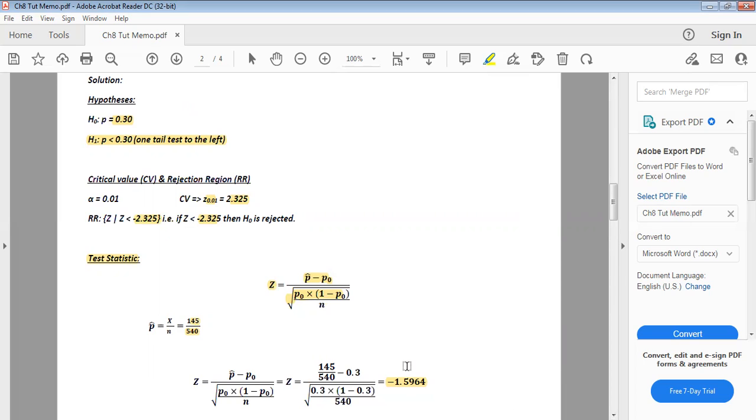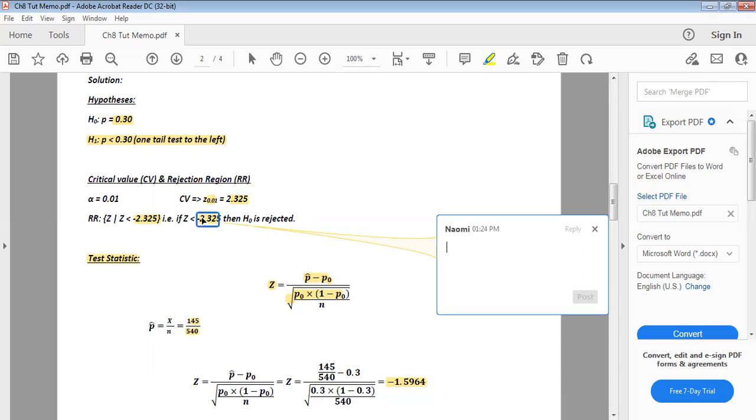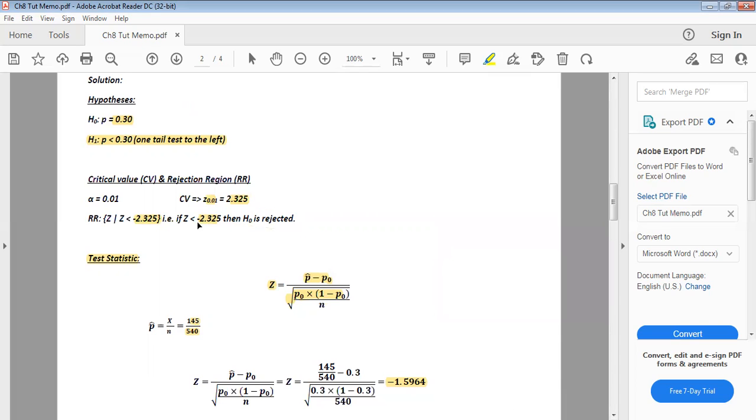Negative 0.5 is greater than negative 2.325. Remember, when we are dealing with negative values, the number that is smaller in magnitude is always greater than the number that is bigger. So this one is greater than that one. Therefore, we do not reject.